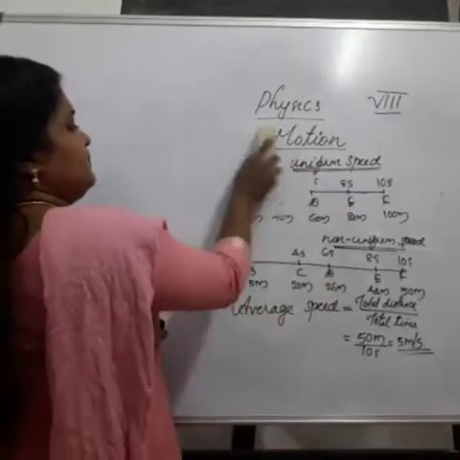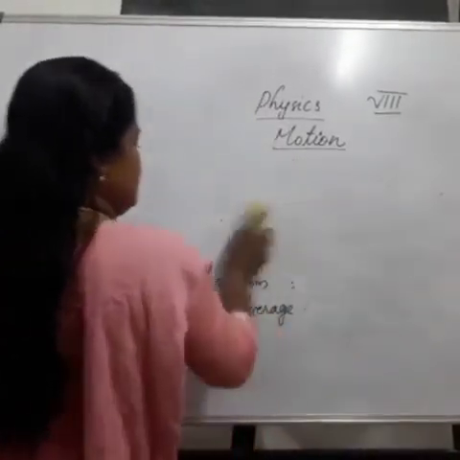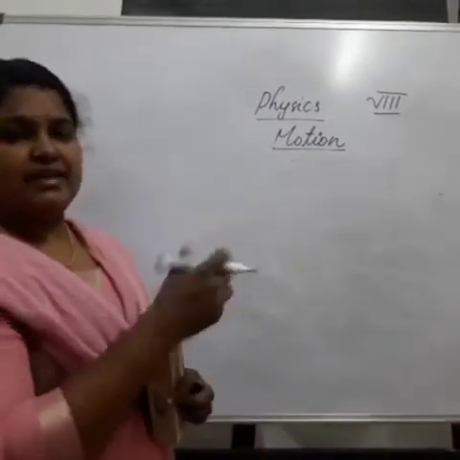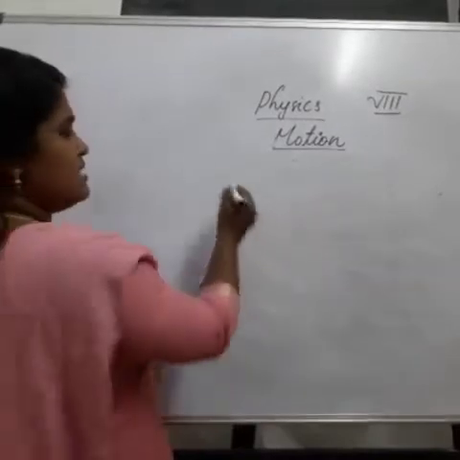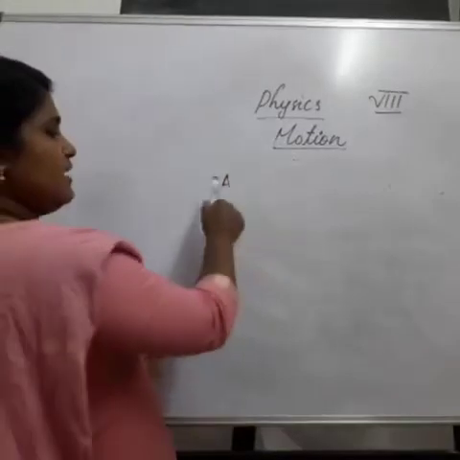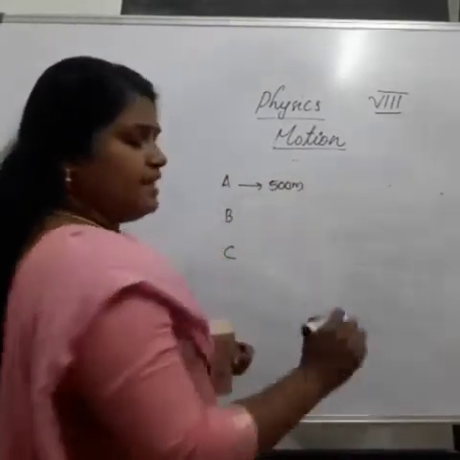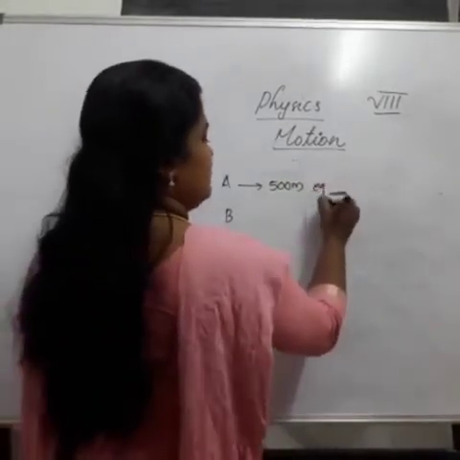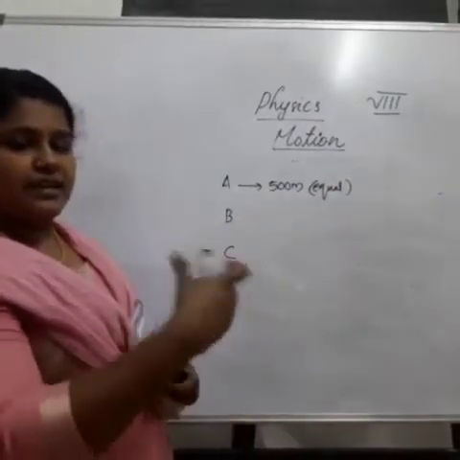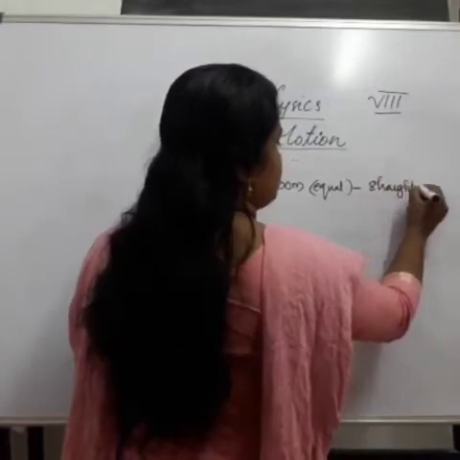Next, we are thinking about three situations. We are considering the traveling of three cars A, B, C. The car A travels 500 meter distance in equal intervals of time, in a straight line. No direction changes, straight line.